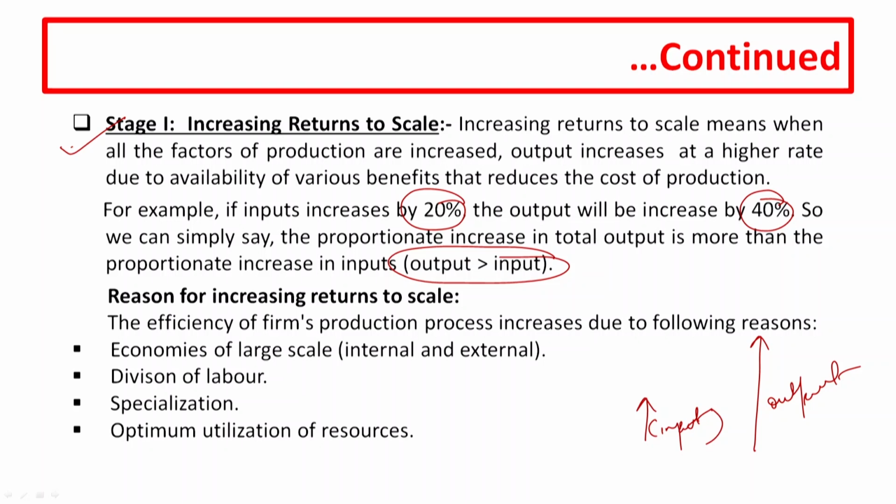Why? What are the reasons for increasing return to scale? Because the efficiency of the firm is high. Why is it high? Because of the presence of economies of large scale.